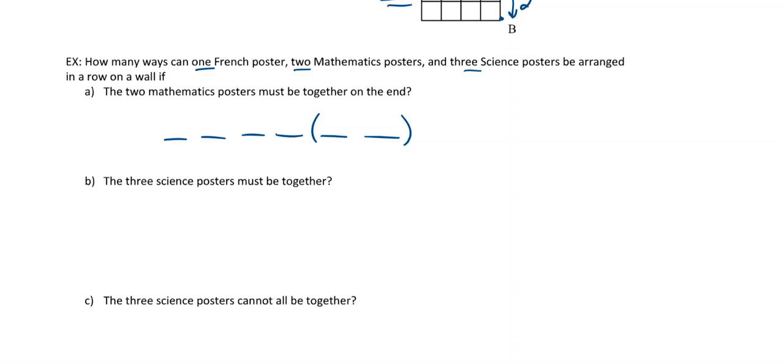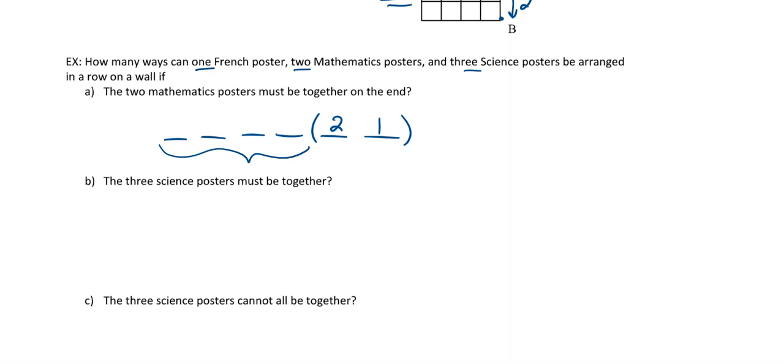With the mathematics posters, there's 2 of them. Okay, so in this first spot, there could be 2 options, and then 1. Okay, and these guys have to be on the end too. So this isn't like the situation up above where I made this thing its own blank, right? This one has to be here. So that's it. I'm just going to leave it just like that.